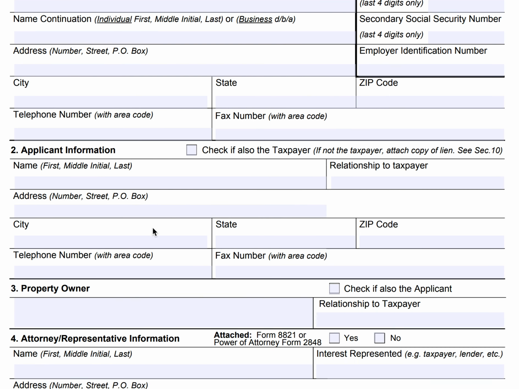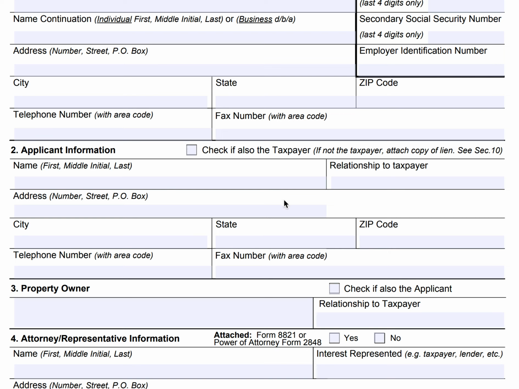Section 2, if you're completing this application on behalf of someone else, then you would put your information in this field, your name, your relationship to the taxpayer, your address, city, state, zip code, telephone number, and fax number. However, if you're the taxpayer and you're submitting your own application, you can simply check this.